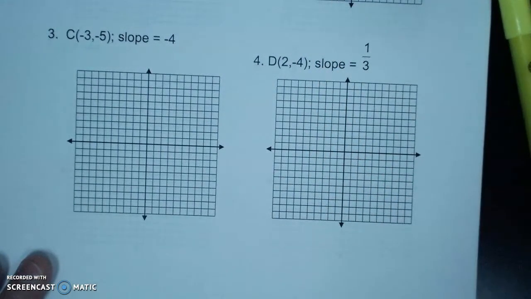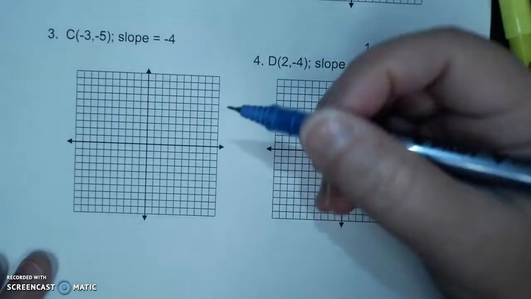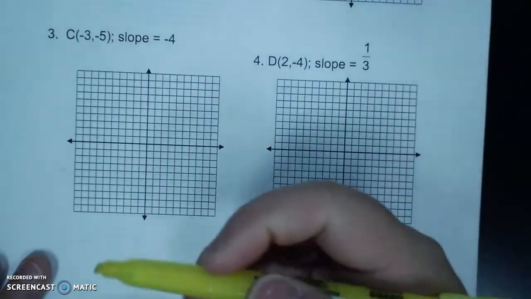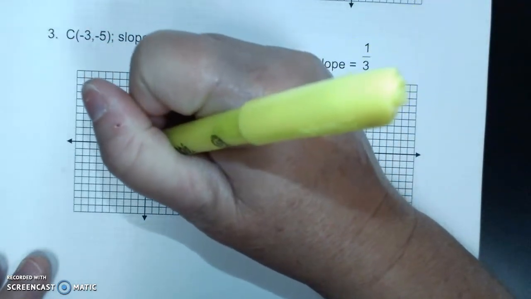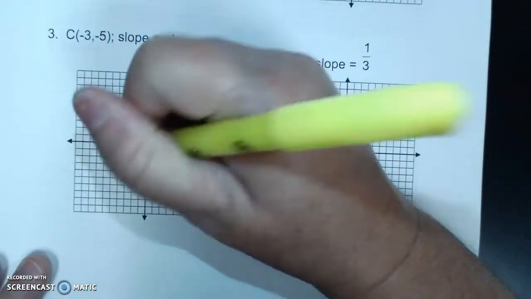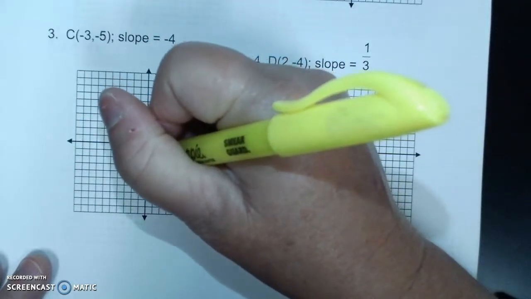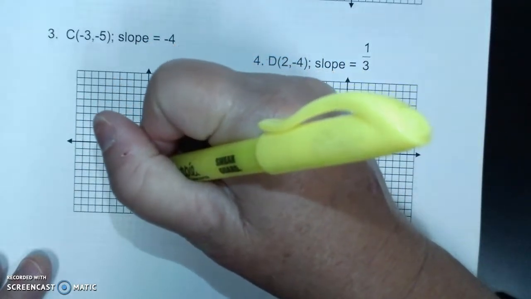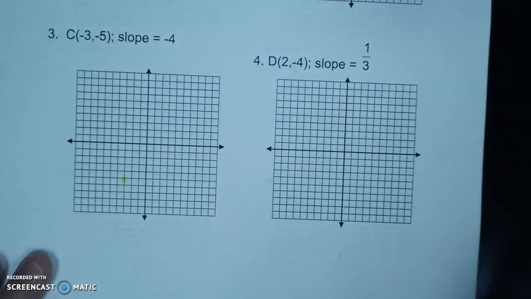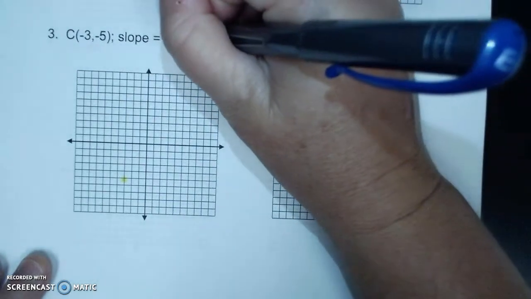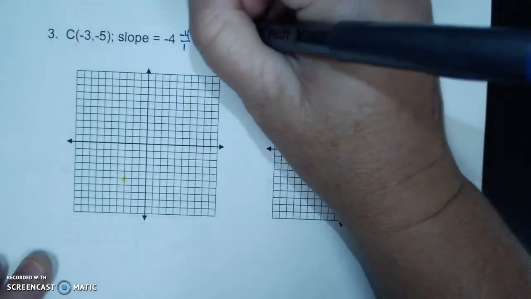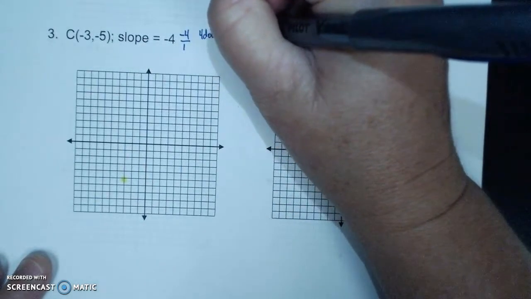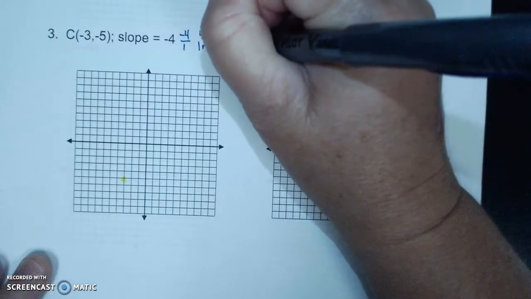That's given a point, draw a line, but we're just drawing dots for the ease. Okay, so here, my first point is at -3, -5. I can put this as a fraction. I'm going to put my negative in my numerator first. That's 4 down, 1 right.